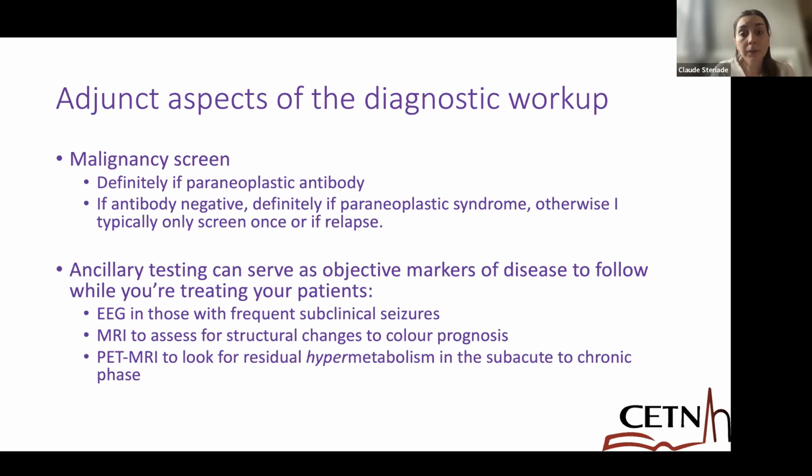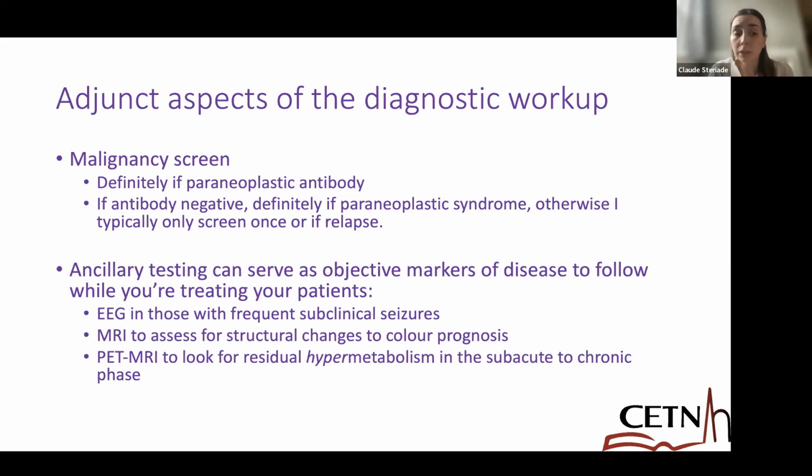And then ancillary testing can be helpful, not necessarily for diagnosis, but to give you objective markers of disease to follow. A lot of these patients will have frequent seizures on EEG that they may not be aware of, so I sometimes use that as a surrogate marker of disease. I like to repeat structural MRIs to see if there's any atrophy that's developing, and that sometimes helps me color prognosis.